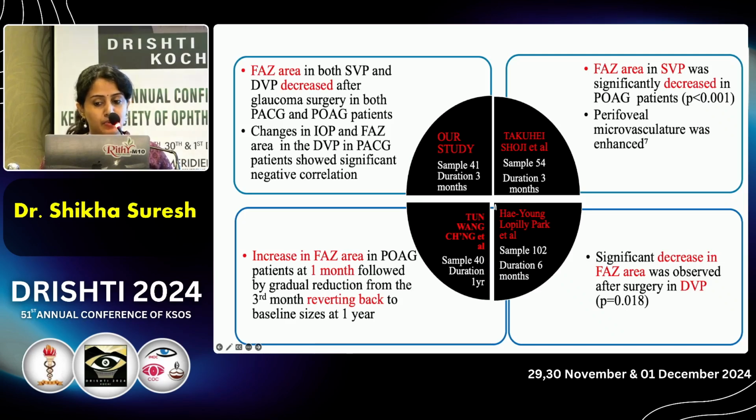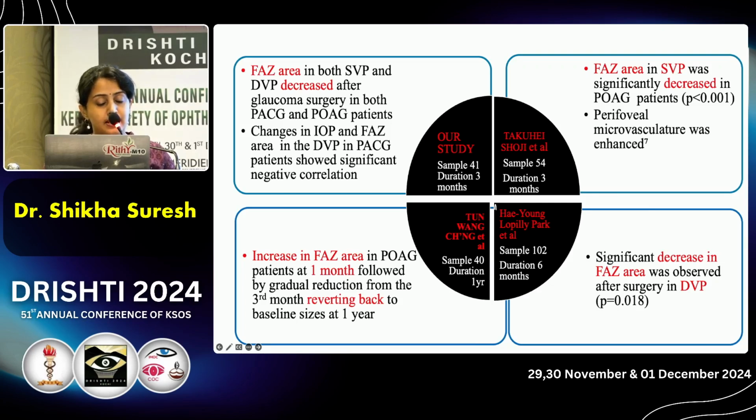So our study found out that FAZ area was decreased in both superficial and deep vascular plexus after glaucoma surgery in both PACG as well as POAG patients, and the changes in IOP and FAZ area in the deep vascular plexus in PACG patients showed significant negative correlation. According to our study, the deep vascular plexus showed a more significant reduction when compared to the superficial vascular plexus.